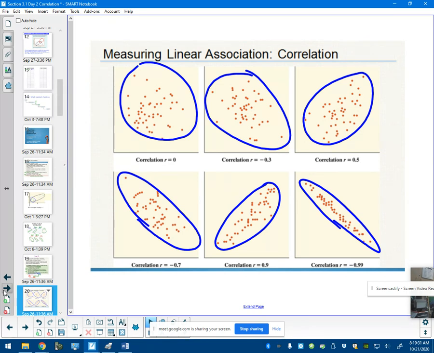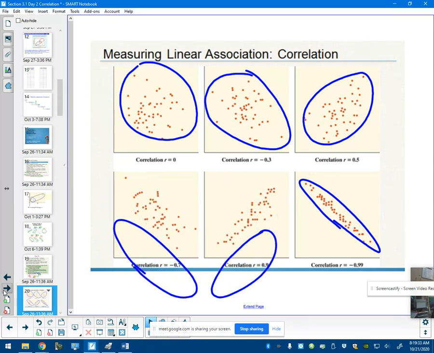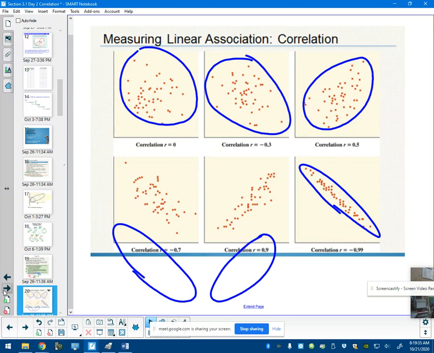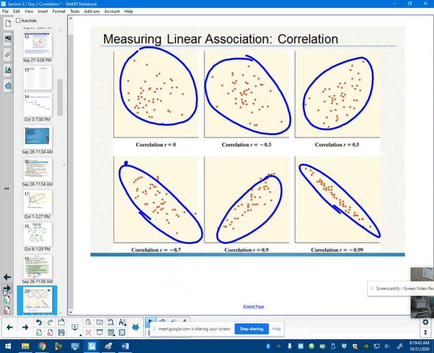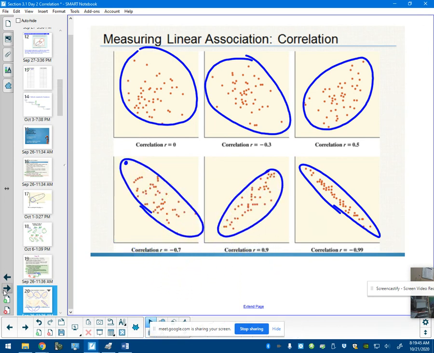So there's a lot of things that affect these. Like down here in this -0.7, this dot up here actually is going to make the relationship probably stronger than it really is. And that's a special type of outlier that we'll be learning more about. This is page 20.